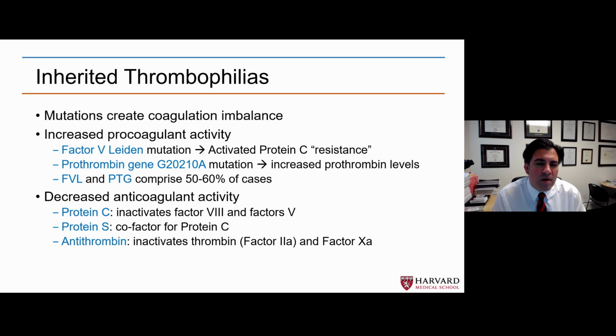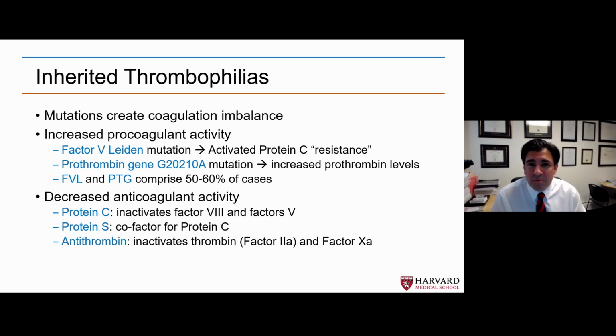Many of the inherited thrombophilias have mutations that create an imbalance in the coagulation proteins. These can be classified as increasing the procoagulant activity. Factor V Leiden mutation leads to a specific point mutation in coagulation factor V that makes it more resistant to activated protein C's breakdown, and so you have resistance to activated protein C. The prothrombin gene mutation increases circulating prothrombin levels.